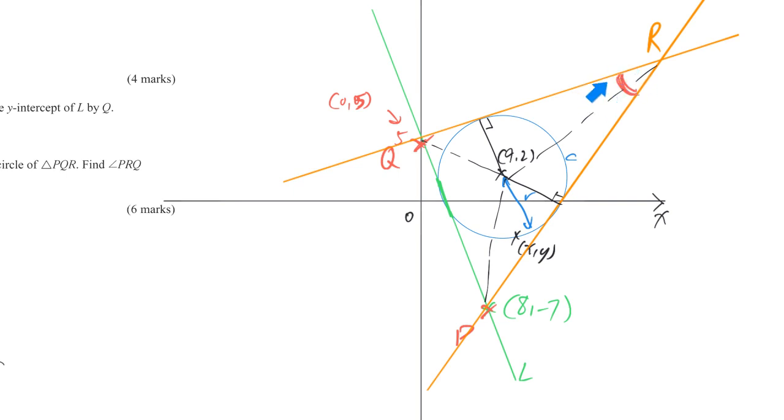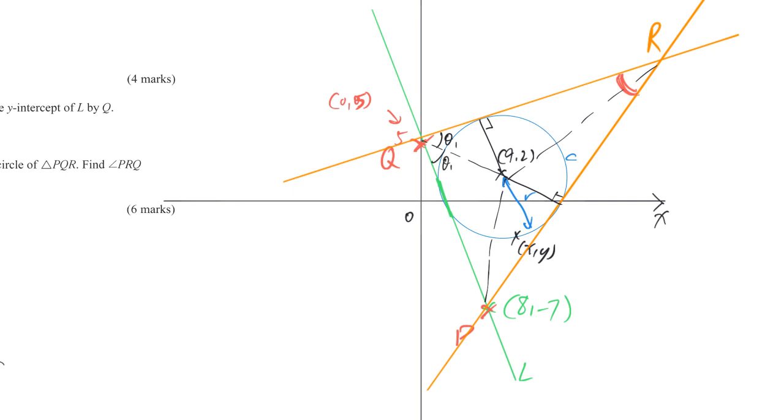Even though I have no idea how to find it yet, if we look here from point Q to the in-center, I can find the distance by the distance formula. At the same time, we already have R, which was found in the previous part of the question. So in this right-angled triangle, it's possible for me to find this angle. Maybe I call this theta 1.